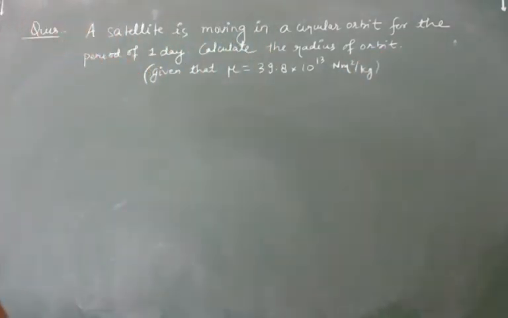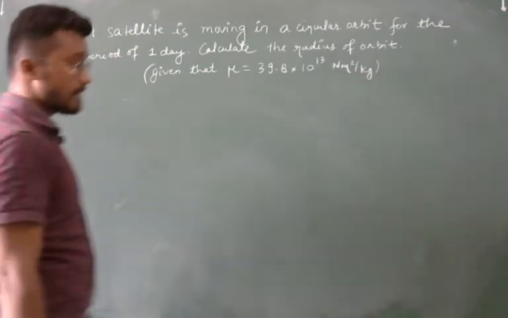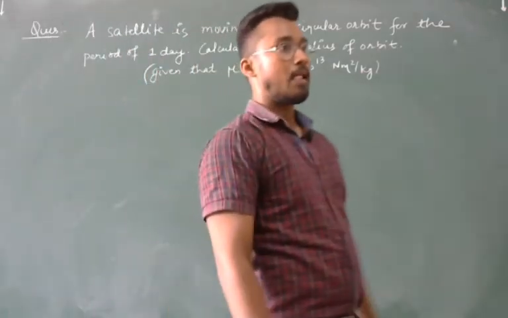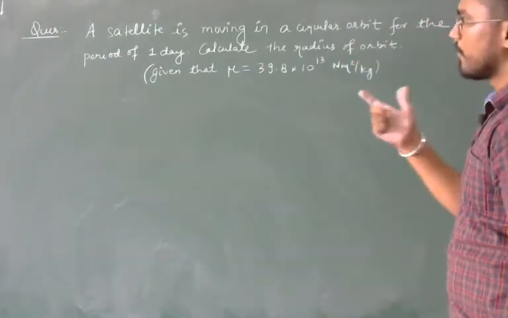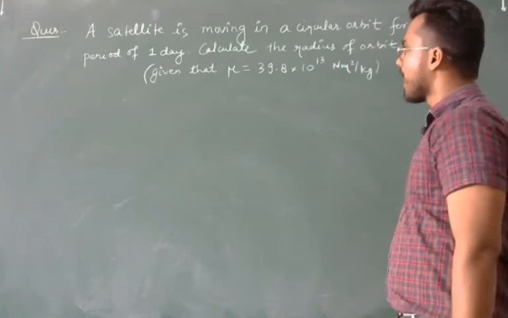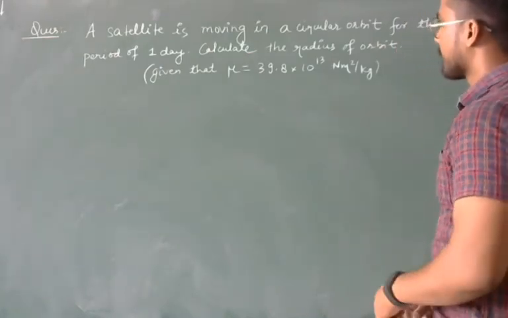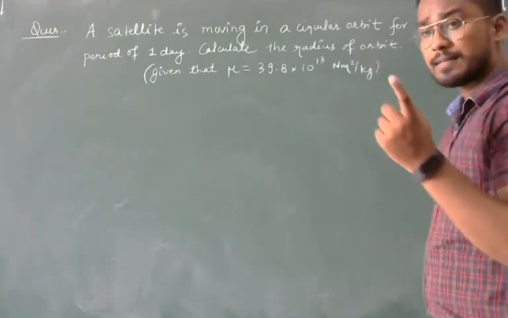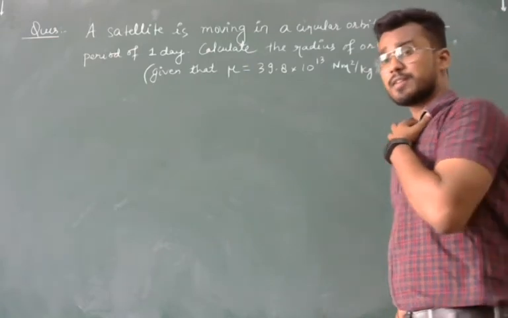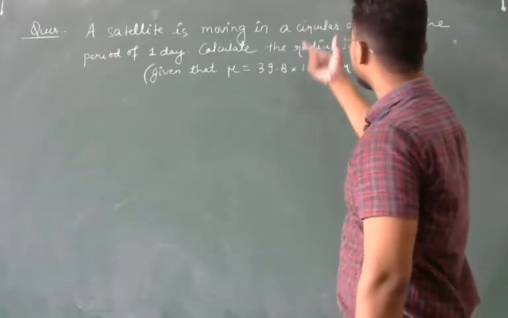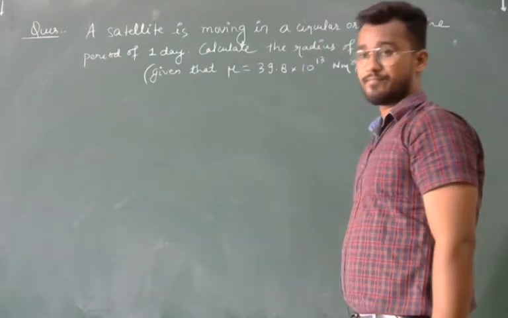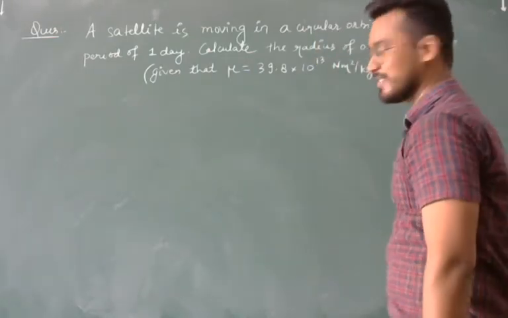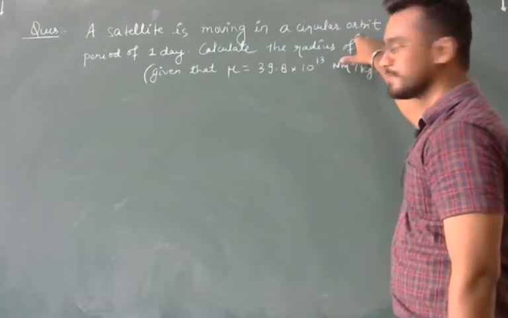So in this question, let me read out the question first. A satellite is moving in a circular orbit for the period of 1 day. Read the question carefully. The satellite is moving in a circular orbit, so you have to focus on that.